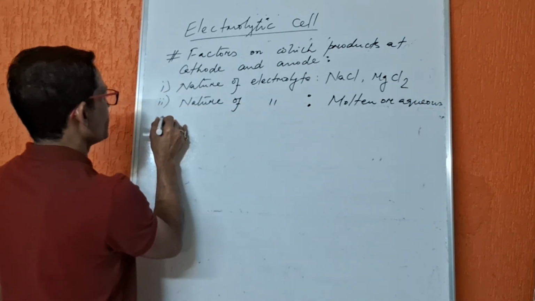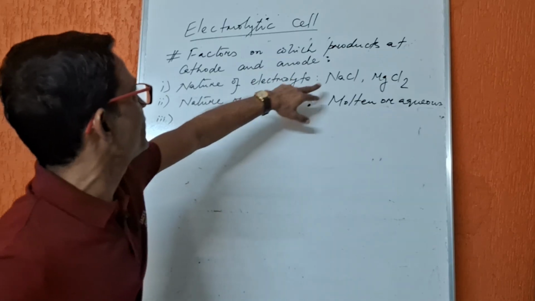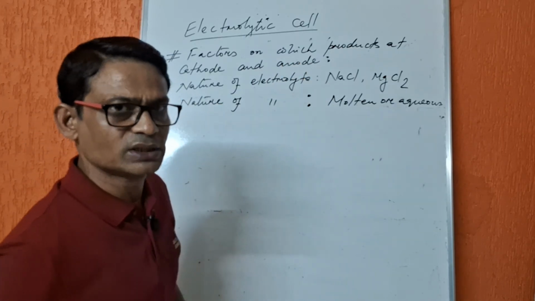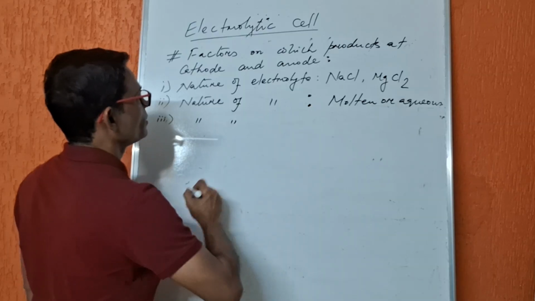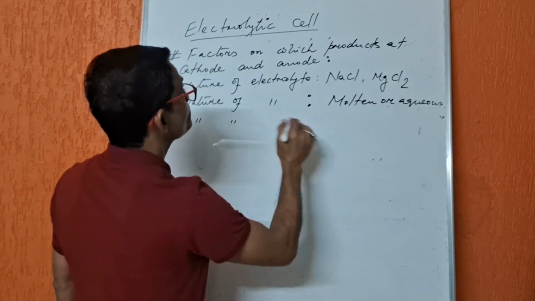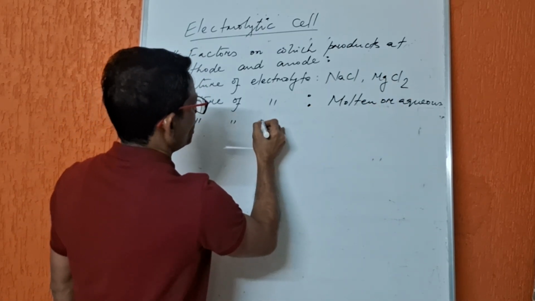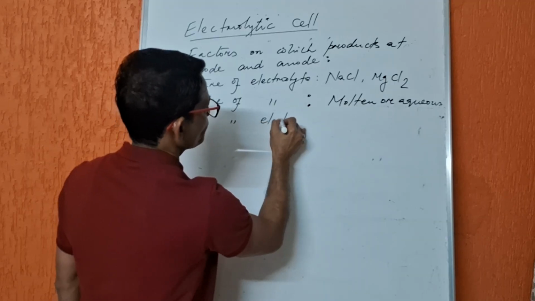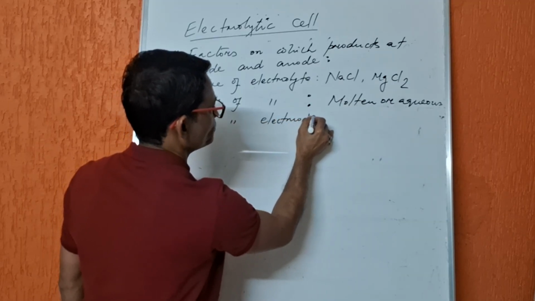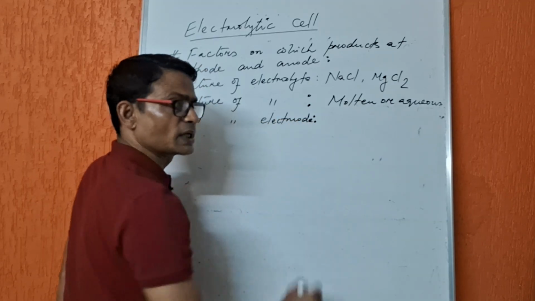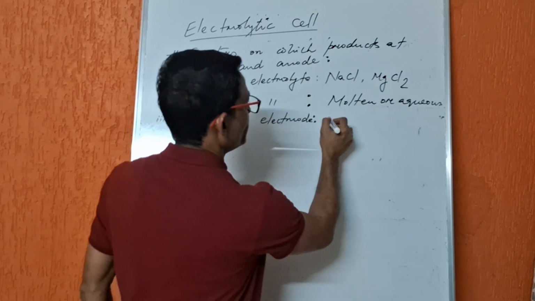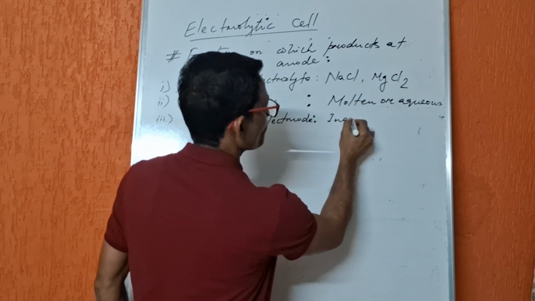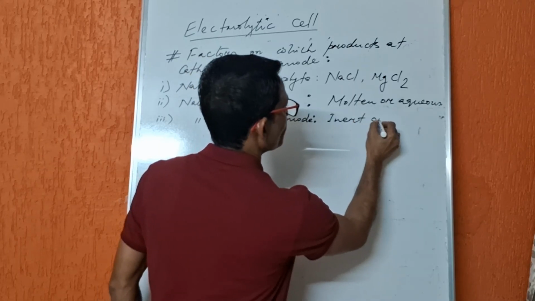Third point, the products at a cathode or anode depend on nature of electrode. Electrode can be inert or active.